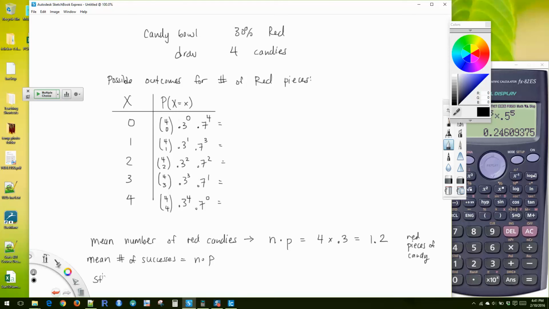The standard deviation of our outcomes, so if I kept track of all of our outcomes and took the standard deviation of all of them, that standard deviation is going to be n times p times 1 minus p, and then I take the square root of all of those values. So in our example, we would have the square root of 4 times 0.3 times 0.7.